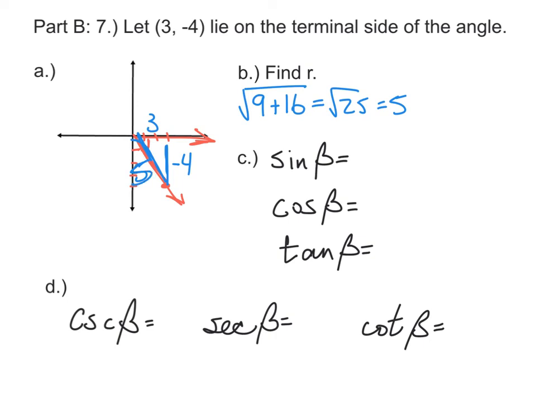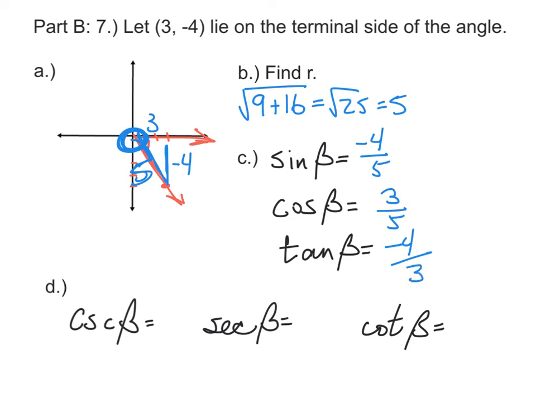Now we can go through and quickly find sine, cosine, and tangent using SOHCAHTOA. Remember that the angle we're talking about, beta, is going to be that central angle. So for sine, the opposite side is -4, and the hypotenuse is 5. For cosine, the adjacent side is 3, and the hypotenuse is 5. And for tangent, the opposite side is -4, and the adjacent side is 3.